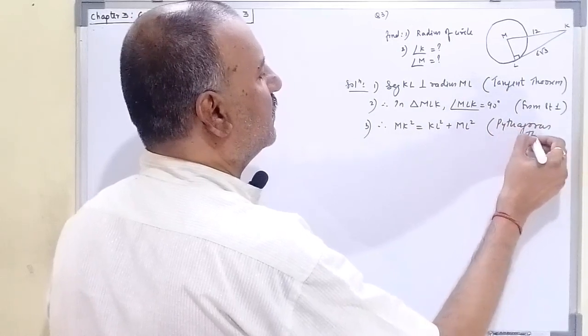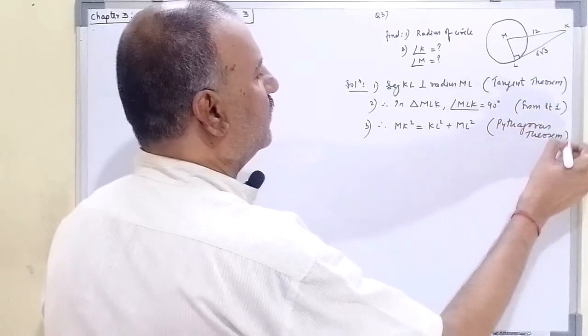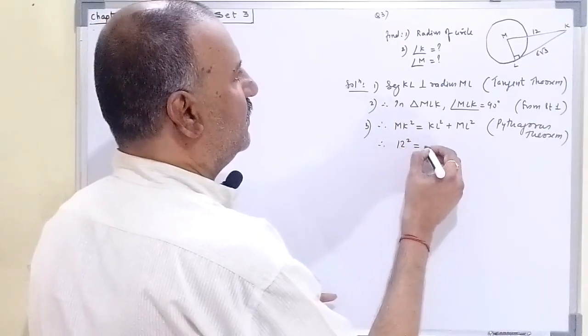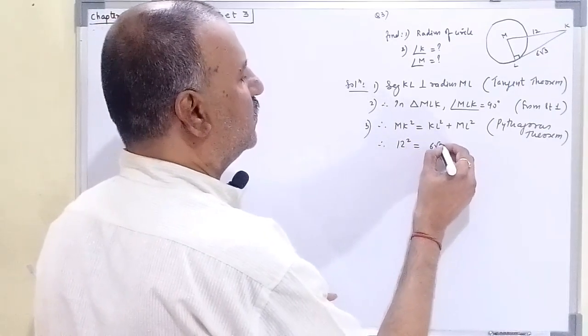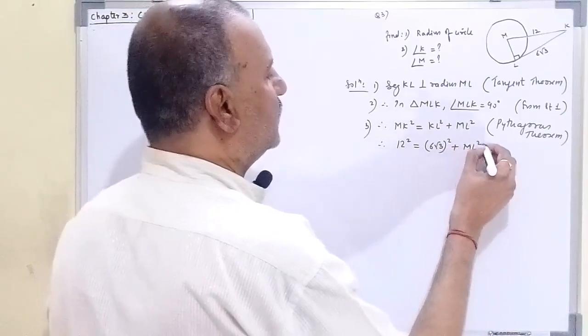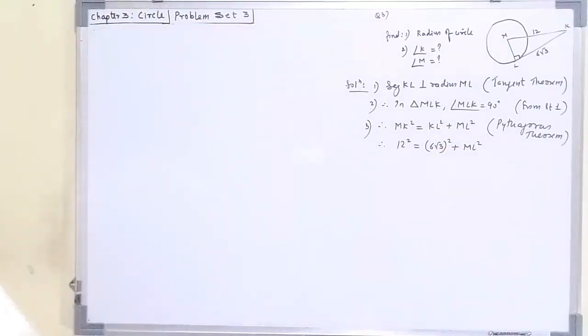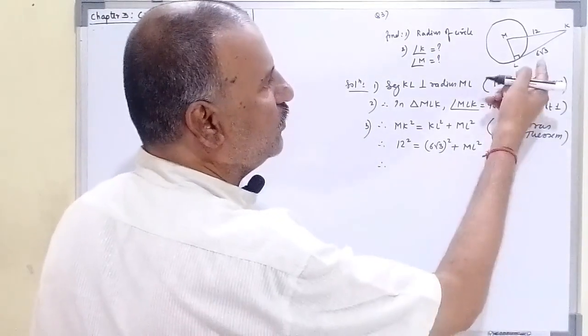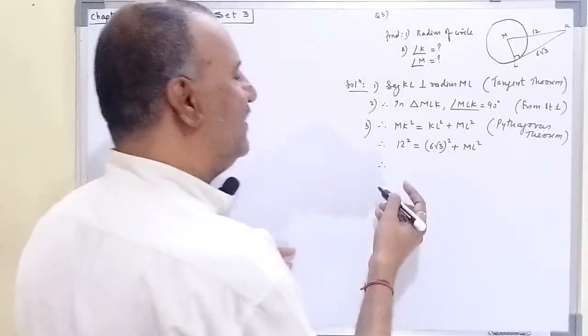By Pythagoras theorem. MK is how much? 12 square equal to 6 root 3 square plus ML square. I just wanted to verify whether this was given or not.